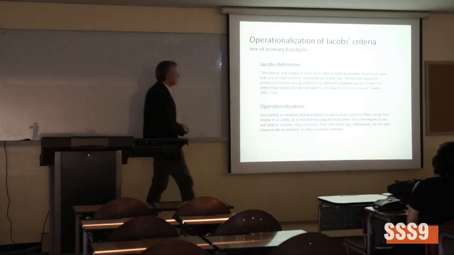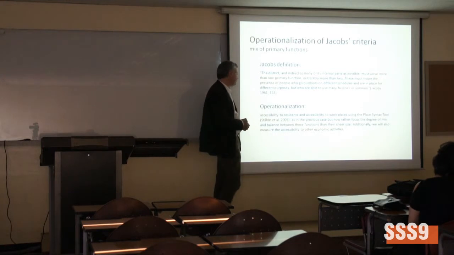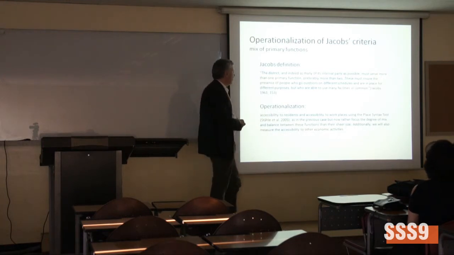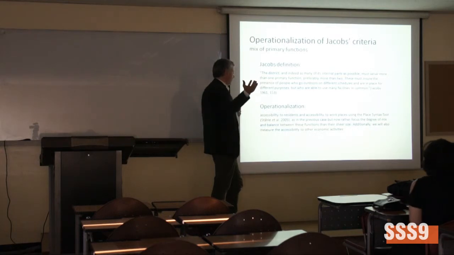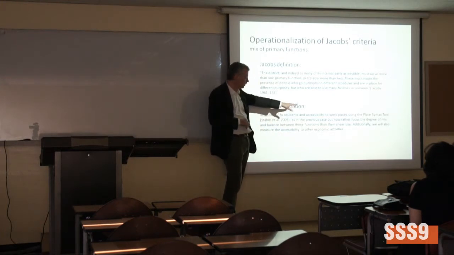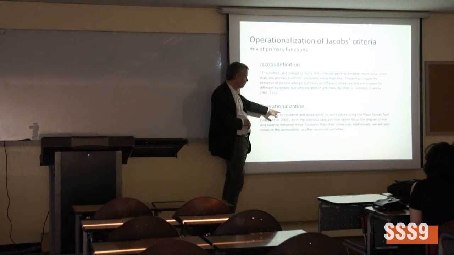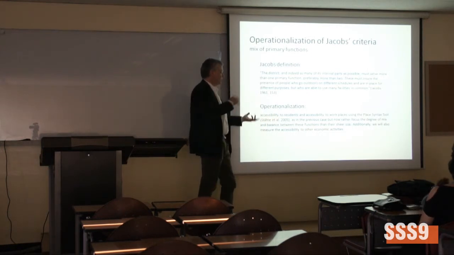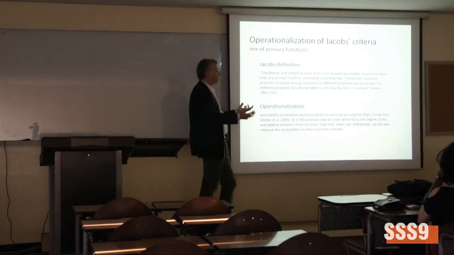The third one is mix of primary functions. And once again, being things like residential and commercial and working offices, large primary functional groups. And once again, we can use the same tool to calculate accessibility to residents and to workplaces, for example, but now measuring the mix of these, the degree of having both, so to speak.